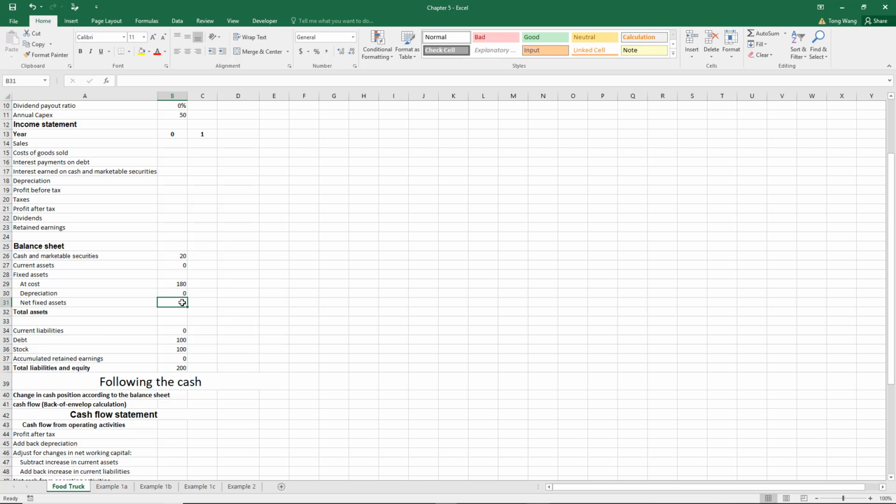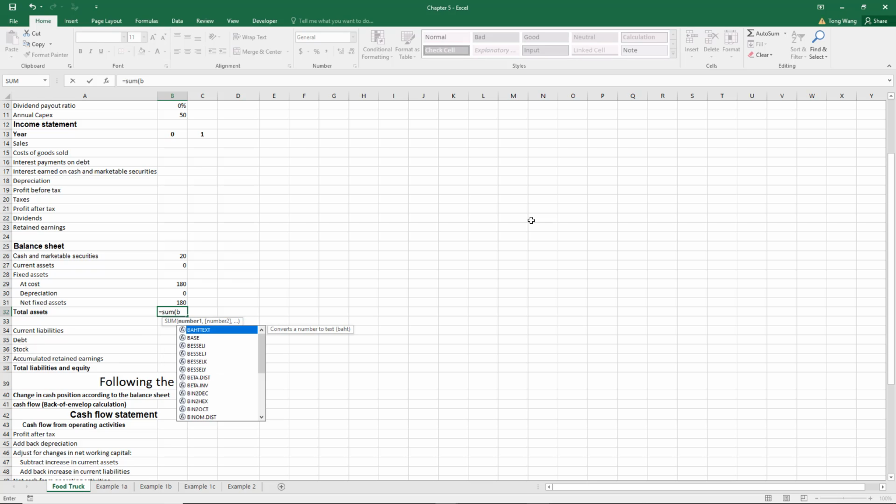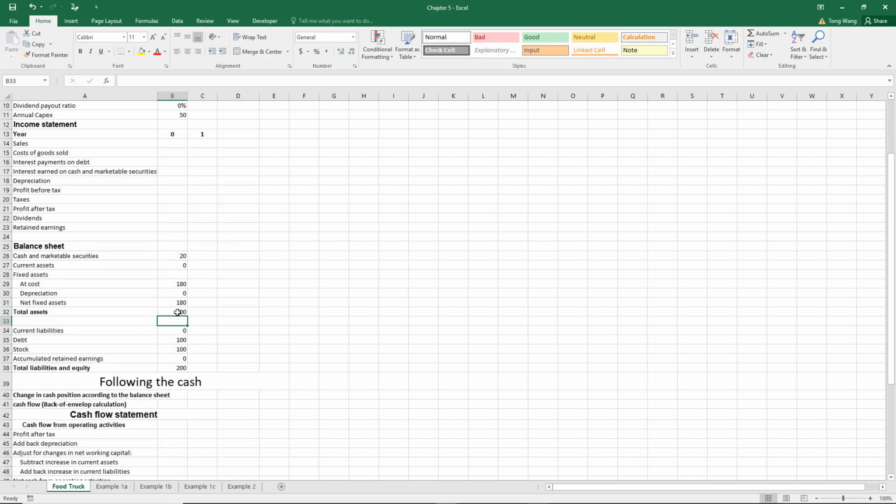The depreciation will start in year 1. So right now everything's new, so the net fixed asset is equal to the gross fixed assets. So the sum of the left hand side is equal to B26 plus B27 plus B31. You can check the left hand side must be equal to the right hand side.